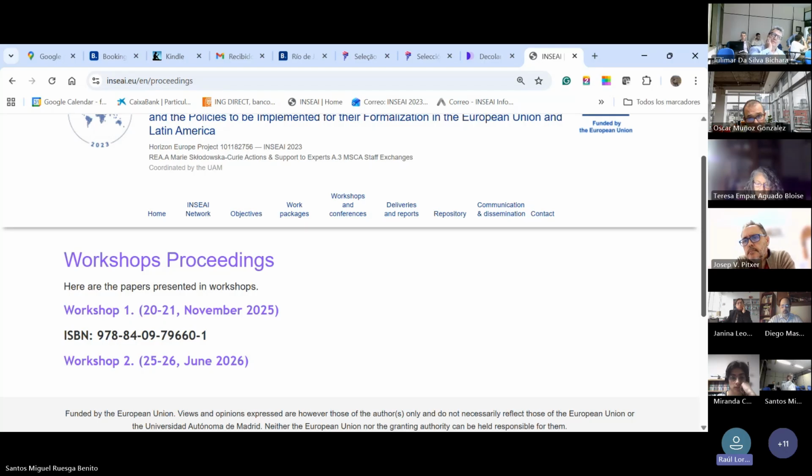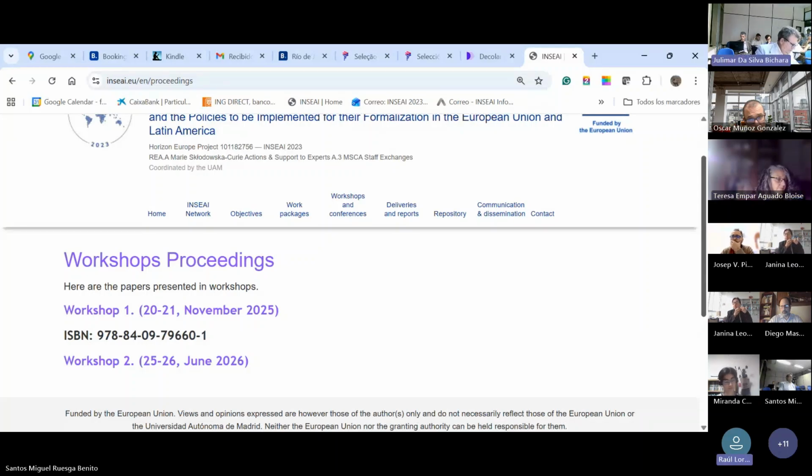I can see an ISBN. That's the workshop proceedings only, no? Yes. I think Ana Viñas is collecting the papers with me, and Daniele Carusi is taking all of them in a folder.